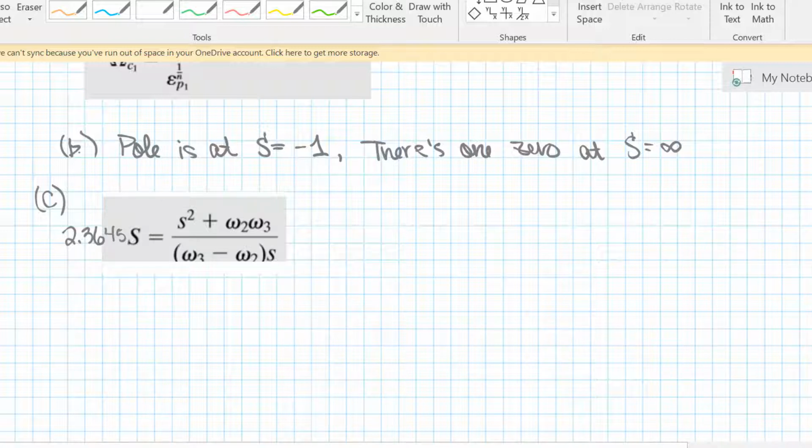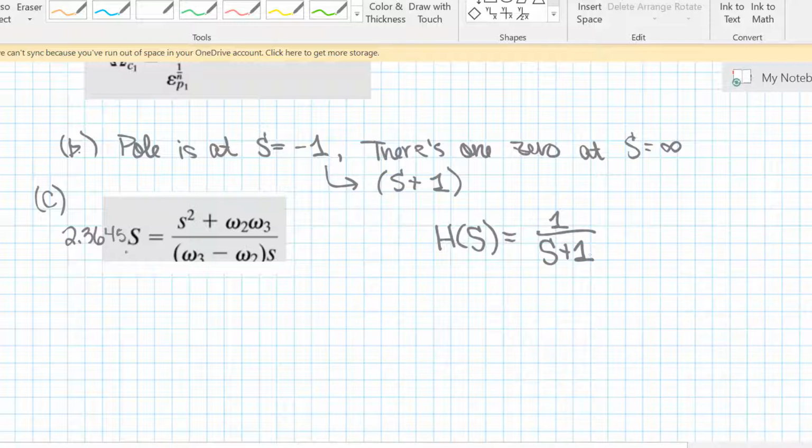Okay, so remember, if there's a pole at s equals -1, the factor in the denominator is s plus 1, and the n was just 1. So our transfer function of capital S was just 1 over capital S plus 1.